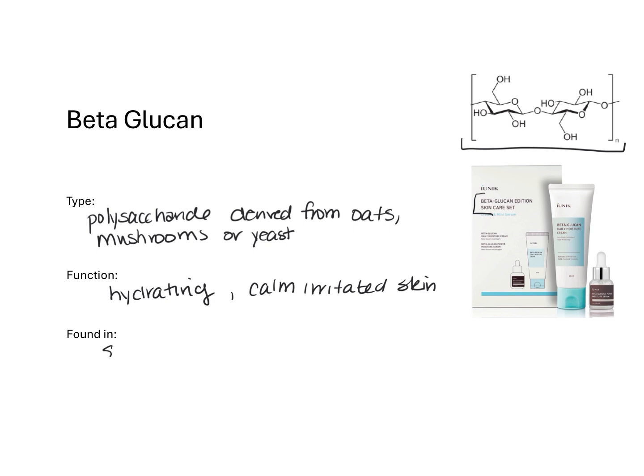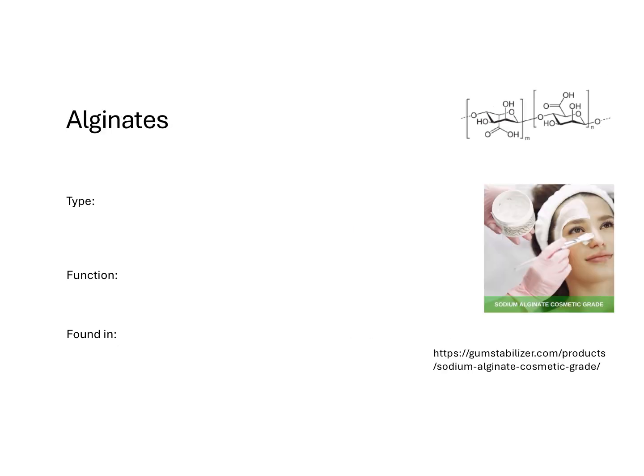It's found in serums, moisturizers, and soothing creams. Right? The next polysaccharide that we see are alginates. Alginates, which when we look at this, you're going to see a couple names for this.